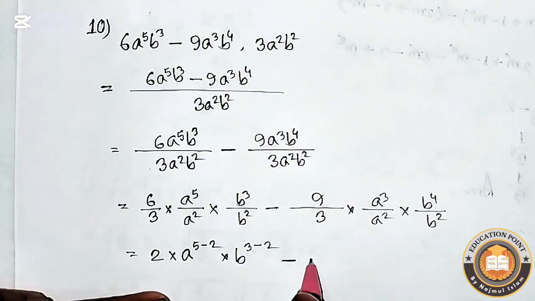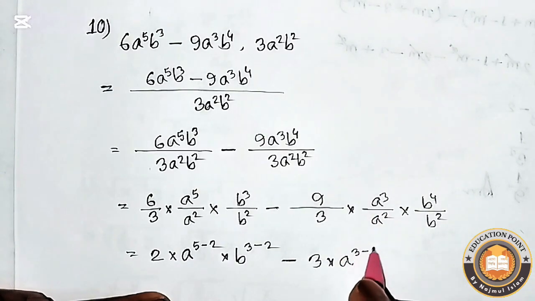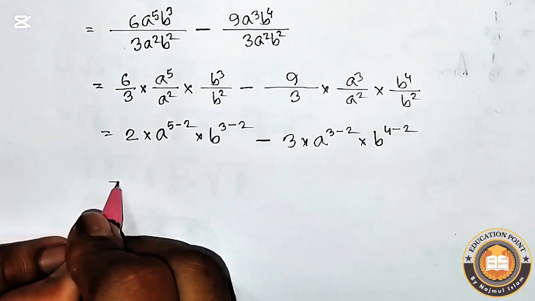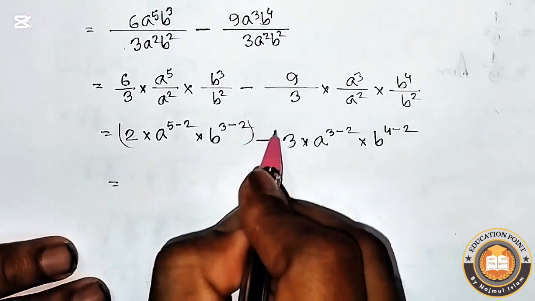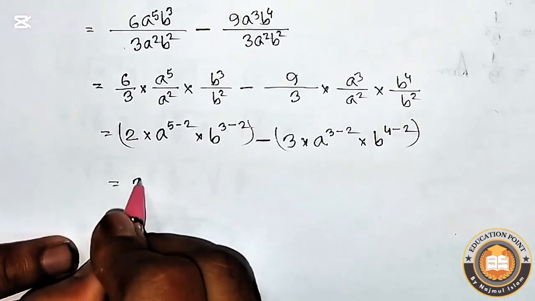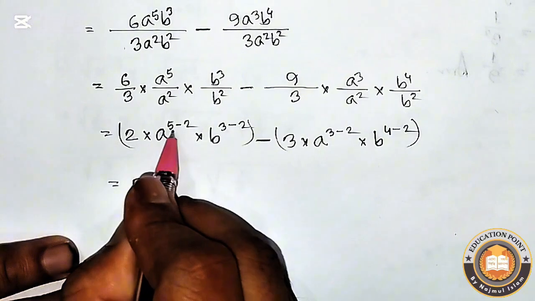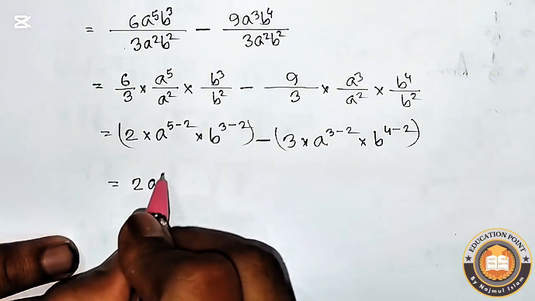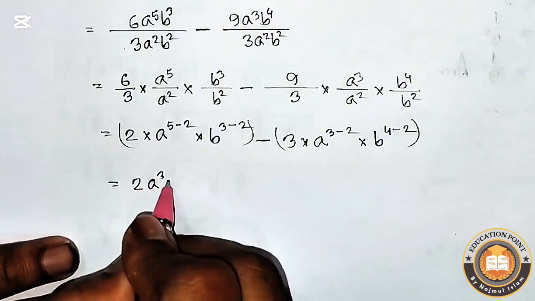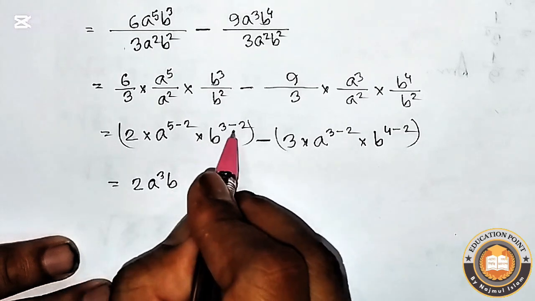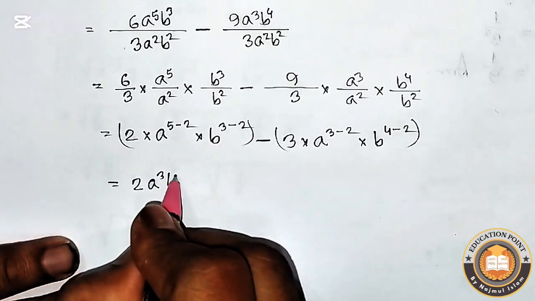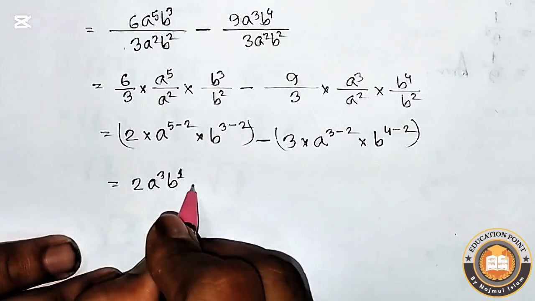Minus 9 divided by 3 equals 3, into here similar base a, their power will be subtracted, into similar base b, their power will be subtracted. a to the power, subtracted value of 5 minus 2 equals 3, into b to the power, subtracted value of 3 minus 2 equals 1.